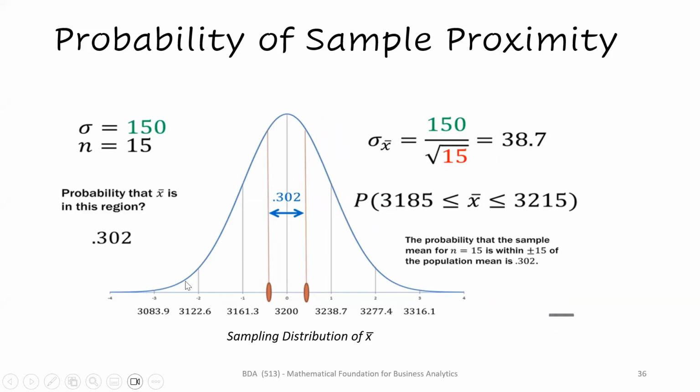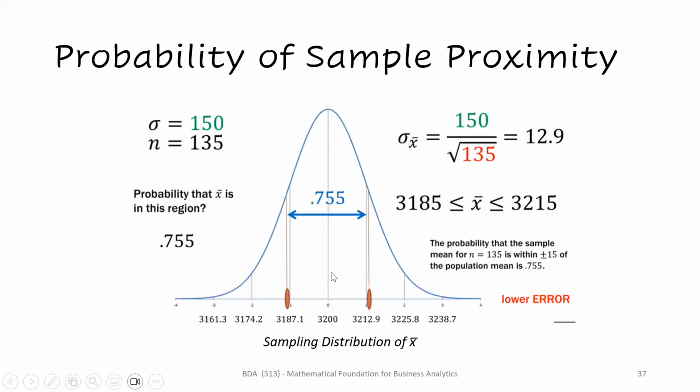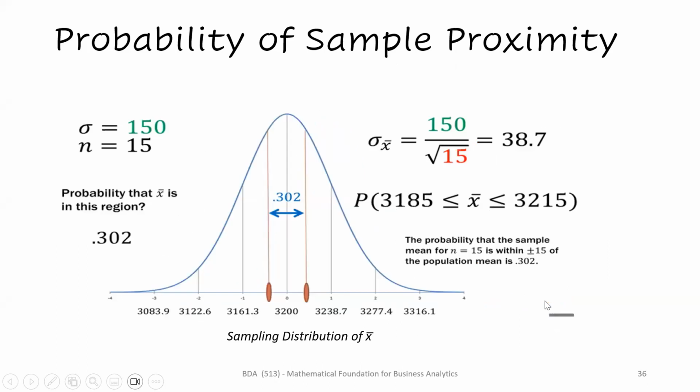We'll come to our testing very soon. Now when we came here, you see that it enlarged a bit. So now it's accommodating more, and the error here is lower than when it was 15.